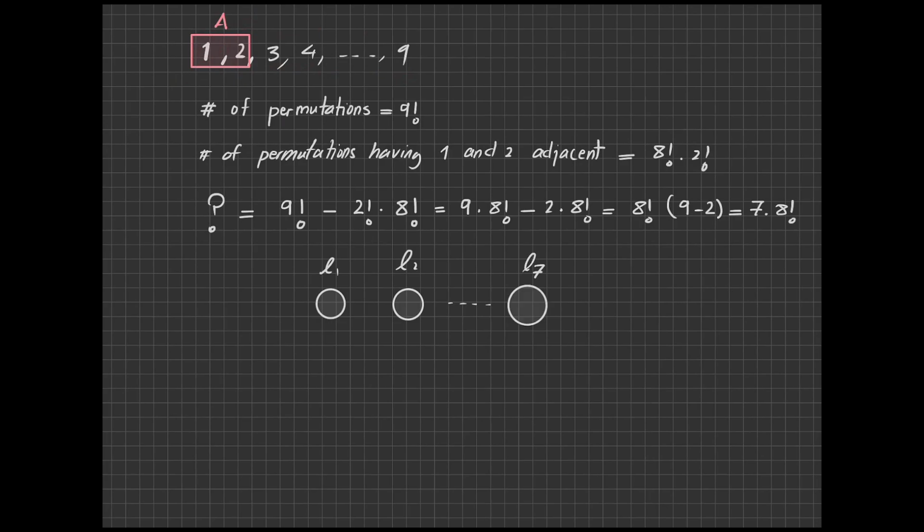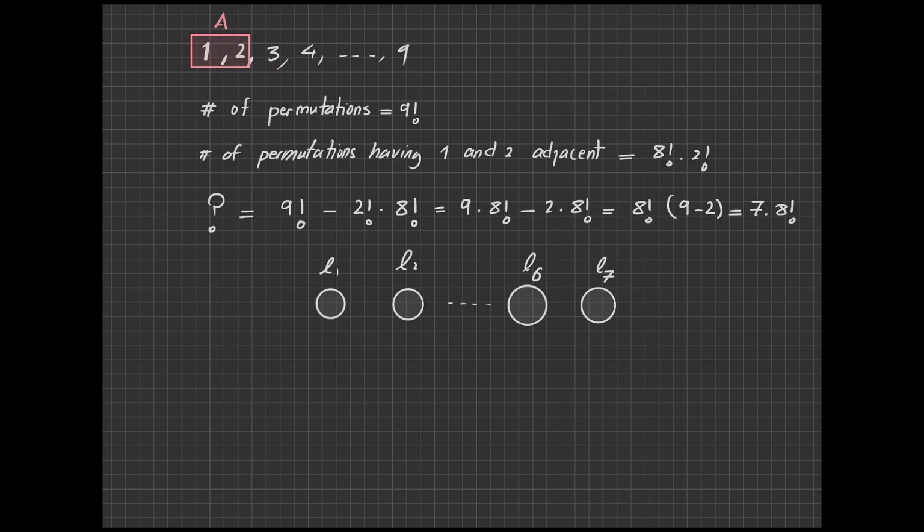So let me write location number 6 and then location number 7 to highlight some point here. These locations are supposed to be filled with numbers 3, 4, up to 9. In how many ways can I do that? I want to fill up these locations.